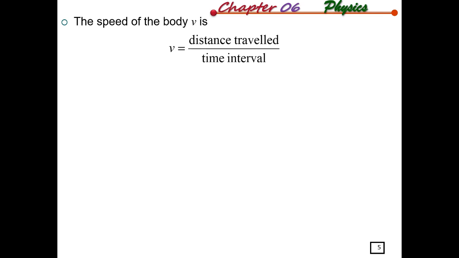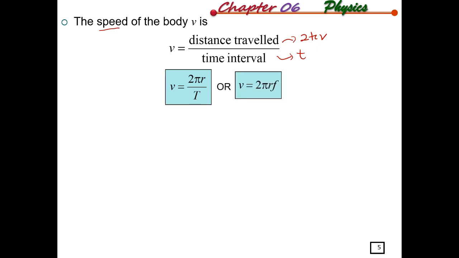The distance travelled in a circle is 2 pi r, and the time interval here is T. So v equals 2 pi r over T. This is the first formula for the speed, or the magnitude of the velocity. We can also write v equals 2 pi r f, using the relationship between T and f.